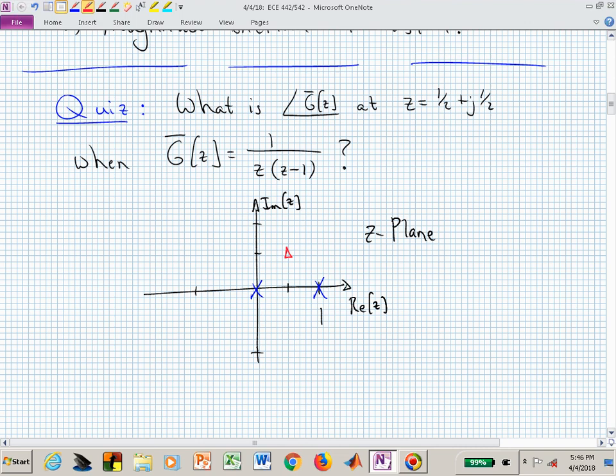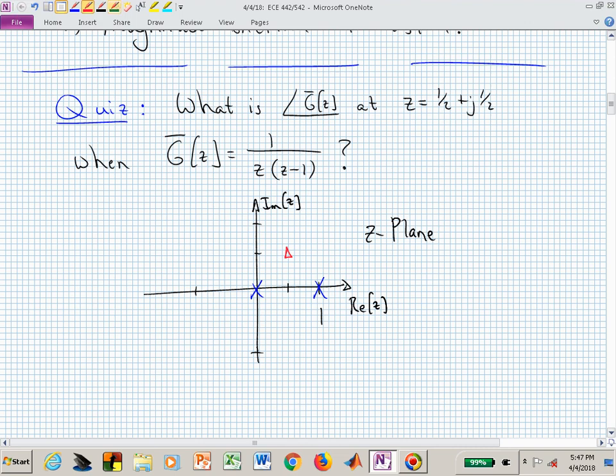If I had zero factors, I would find the angles from that zero to the triangle, add those up, and then subtract all of my pole angles because the poles are in the denominator of that expression. And you know how to compute with polar numbers if you have a ratio. If you had some polar number over another polar number, you would subtract the angles of the denominator from the numerator.